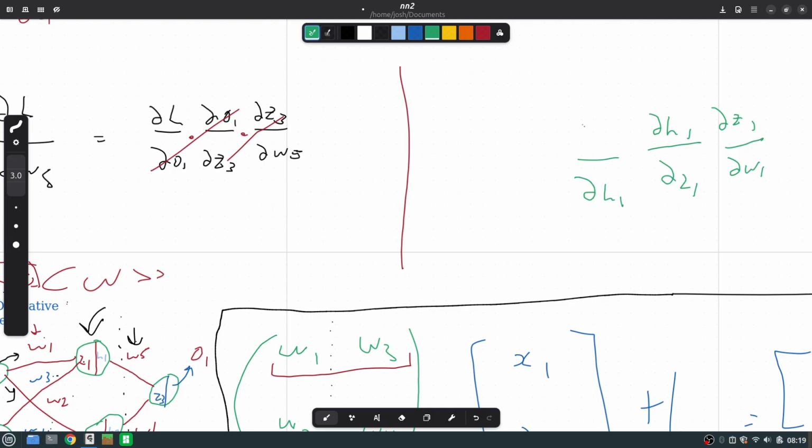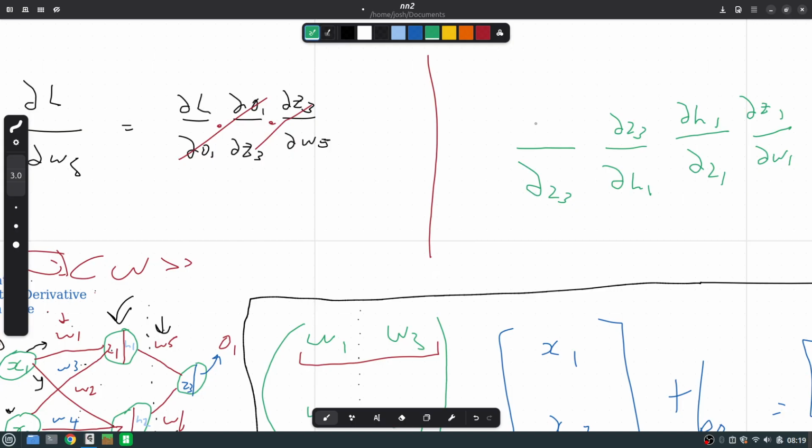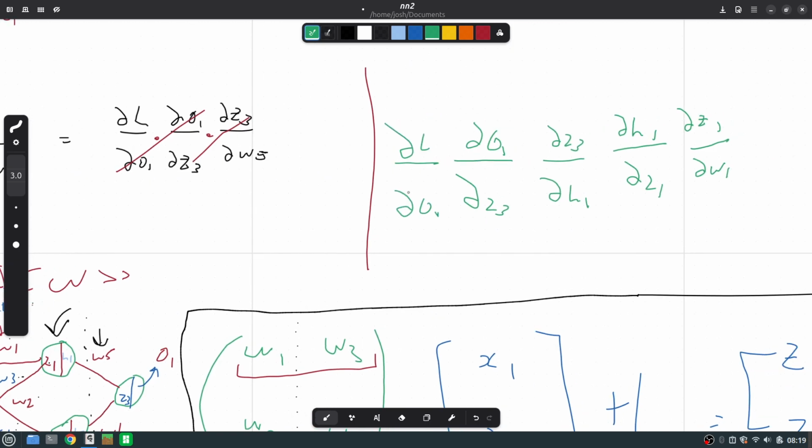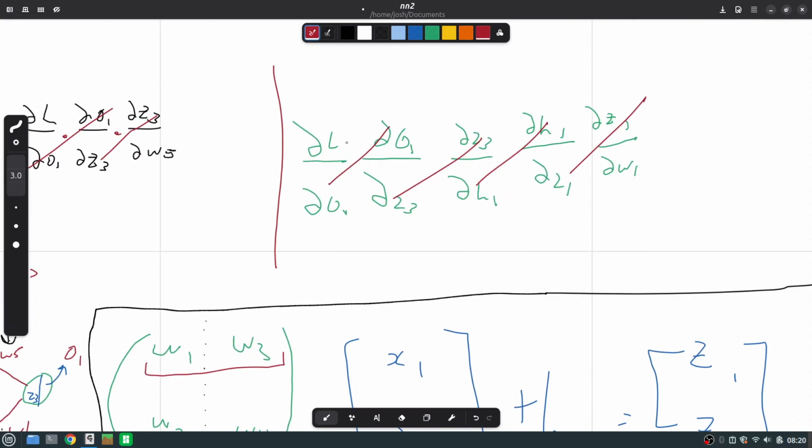A small change in Z3. And then a small change in Z3, what does that affect? Small change in the output. And now a small change in the output, I hope you see where this is going. A small change in the output will affect a small change in the loss. And then these can go. Again, wishy-washy math, but you get the idea. You get the partial derivative of loss with respect to W1. And so you have to compute all of these intermediates now.